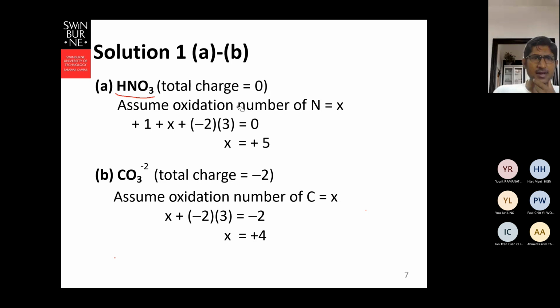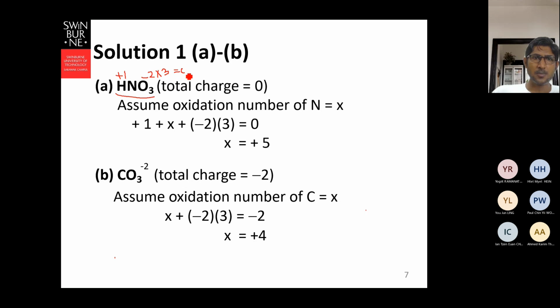If the total charge is 0, then the oxidation state for nitrogen, let's say, is X. Hydrogen is +1 and oxygen is -2, so -2 times 3, and the total is 0.